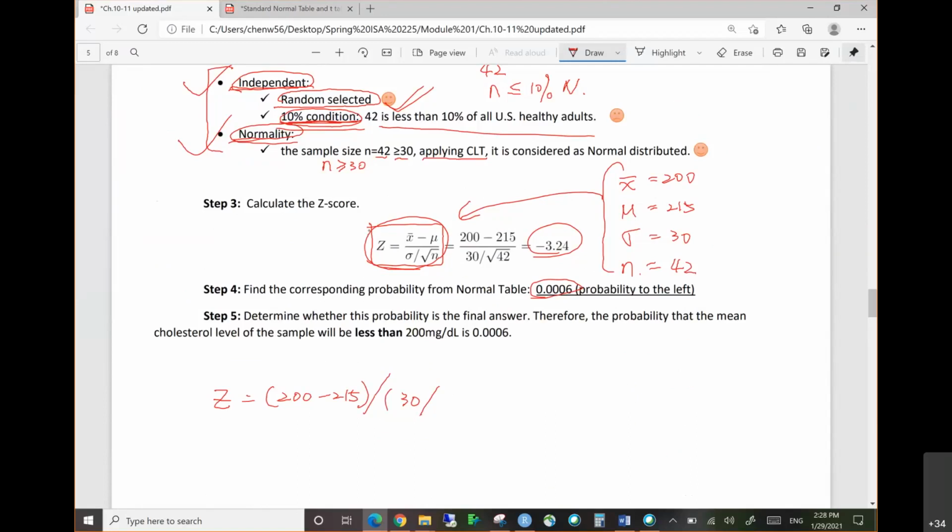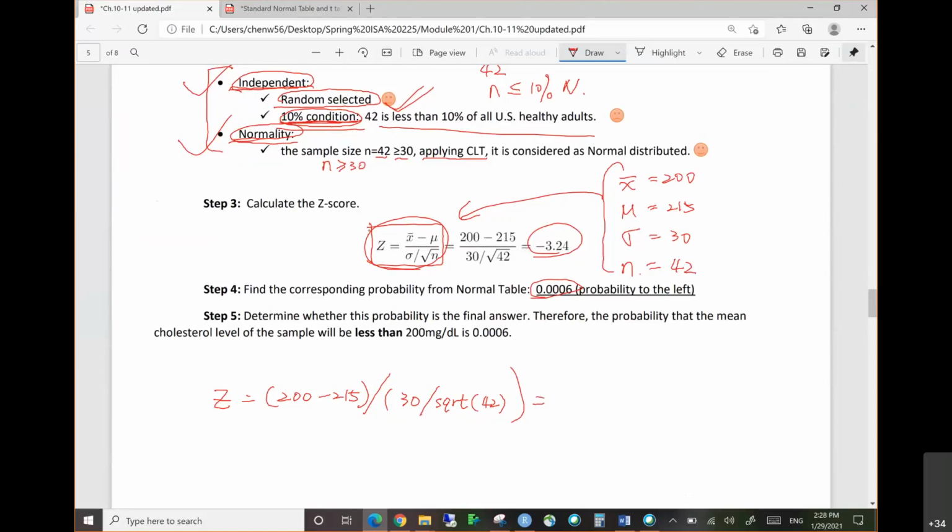In your future or in the higher level of courses, you will need to use this SQRT, square root of 42. Especially in your exam, you still need to write these steps out to get credits. So be familiar with how you write this equation out.